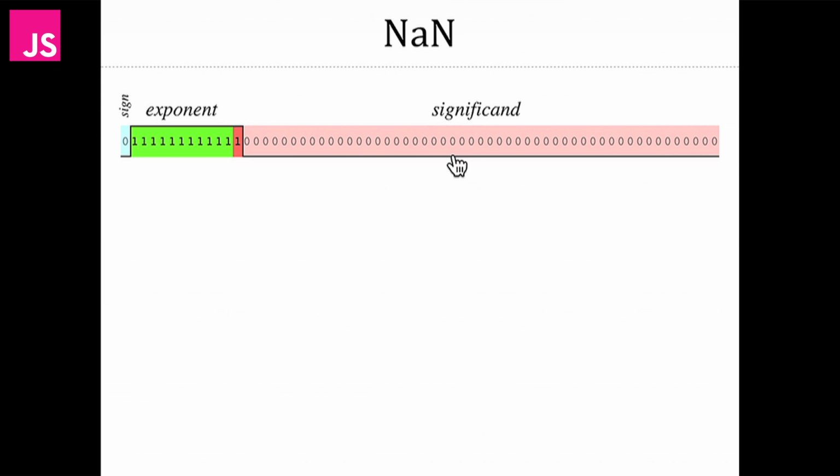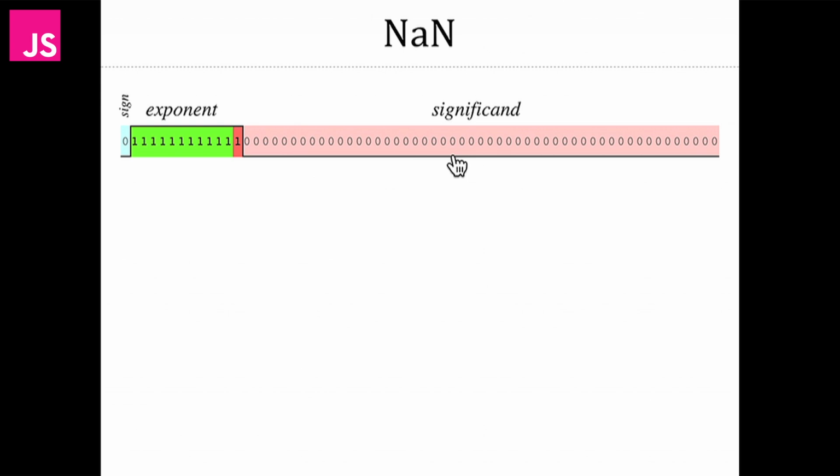So it kind of explains why not a number type is a number, because not a number is a value defined by the floating point representation. It's defined by 64 bits like any other number. Actually, we have 52 bits in significand, so there are quite many not a number values defined in this representation. Fortunately for us, JavaScript simplifies it to only one, not a number.